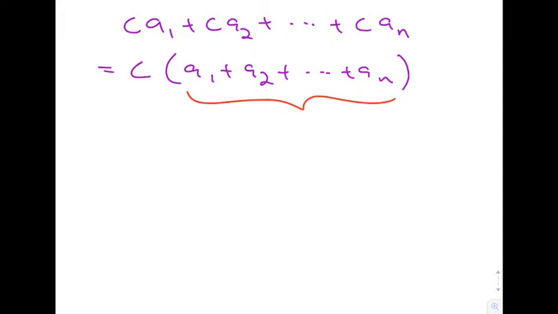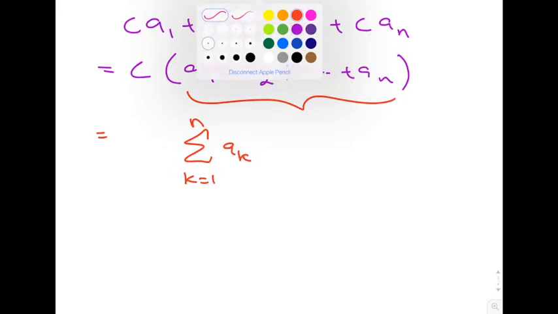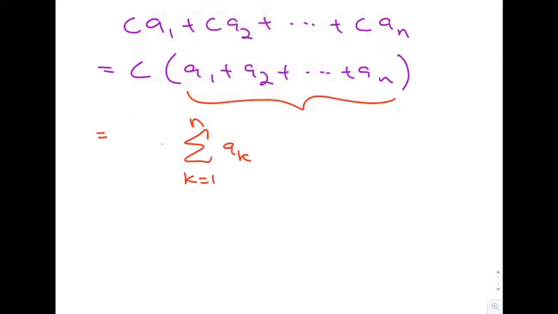Well, we already know a nice name for the sum a1 up to an. We can just call that sigma, starting at k equals 1 and going to n of a sub k. But we also have this c here, so we just have a c.